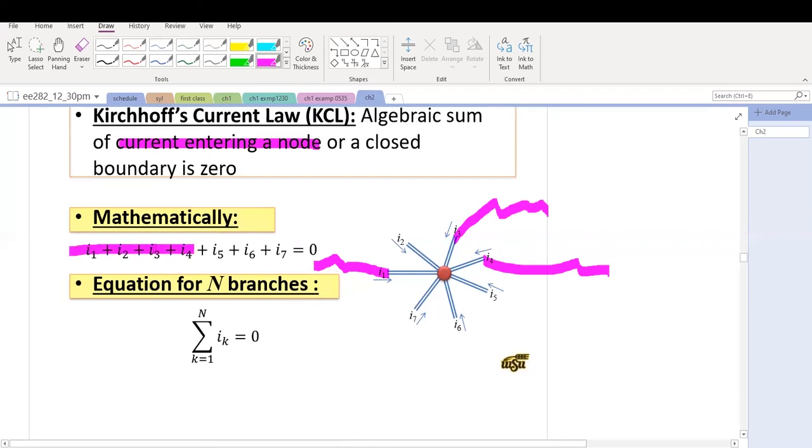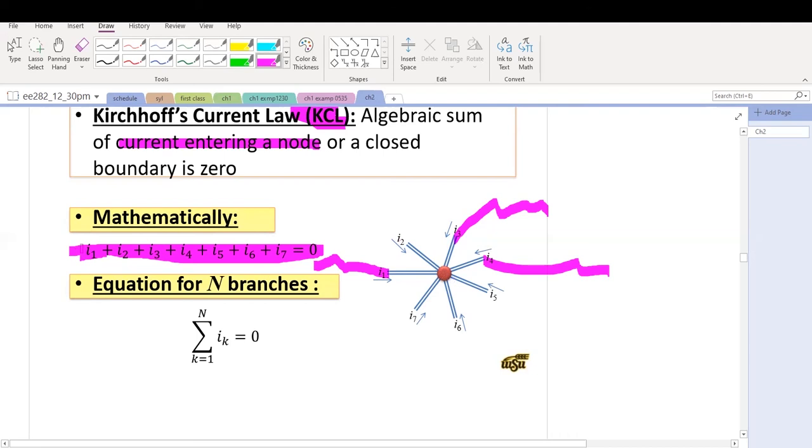In this case, all these currents flow into this node, I1 plus I2 plus until I7, equals 0. This is KCL. Please note that the values of I1, I2 until I7 can be negative, but the directions are here: current flows into the node.